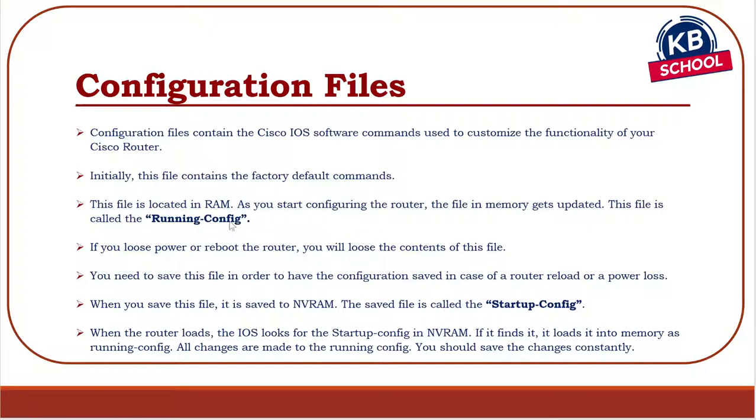This file is located in RAM. Now, not by default. The file is actually inside your flash, but if it does not find a startup config, it will load the file from this factory default into your RAM. And this file in RAM is called the running config.